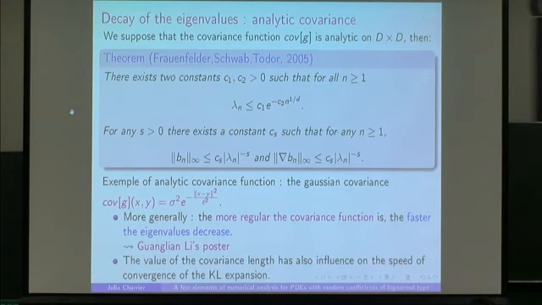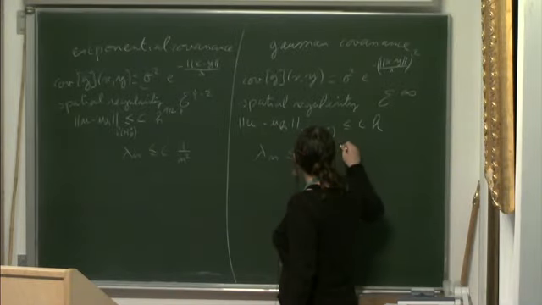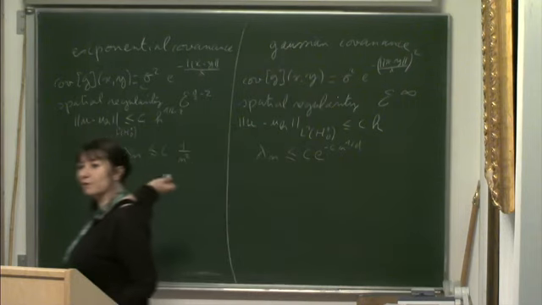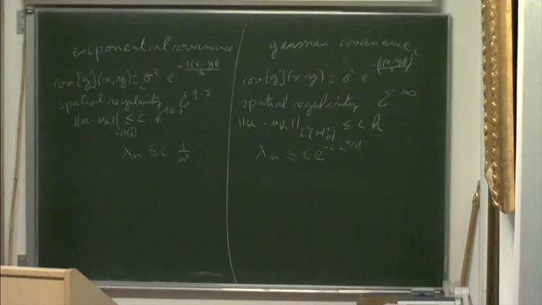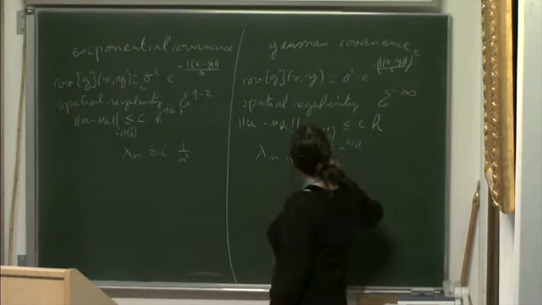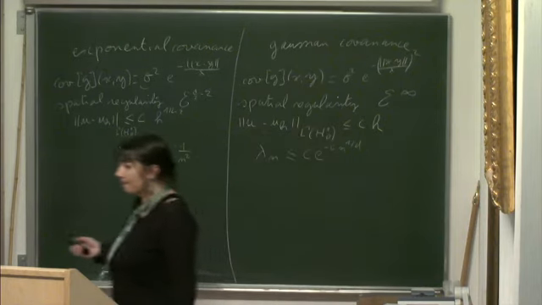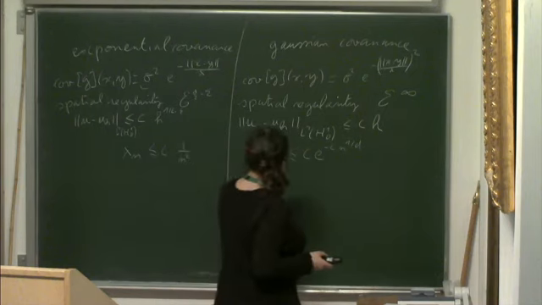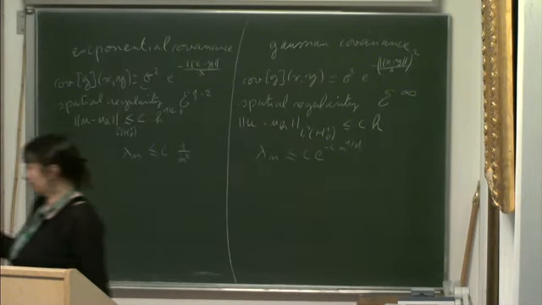For example, if the function is analytic, as is the case for the covariance, the decrease of the eigenvalues is much better, basically e to the minus constant times n. In one case you have 1/n squared, and in the other you have exponential decrease. It's because of the smoothness of the covariance kernel that it decreases much faster.